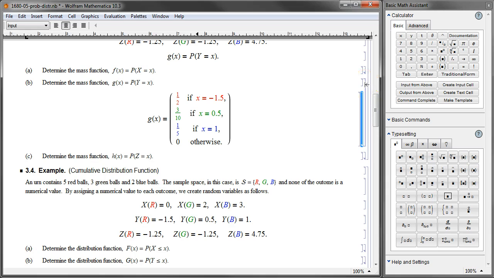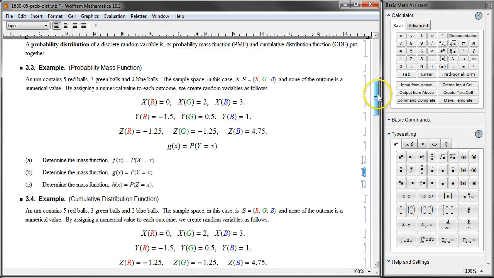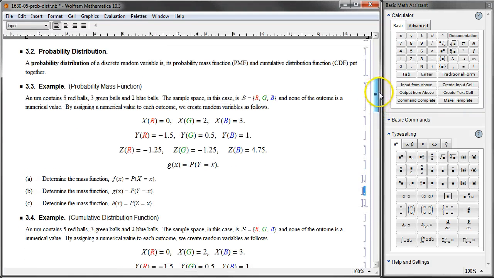Okay, we have enough time for another exercise. Hopefully the 2 exercises we just went through will help you do this one. Alright, let's consider the third random variable here, Z. So let's define this mass function h of x as the probability where capital Z takes the value x.